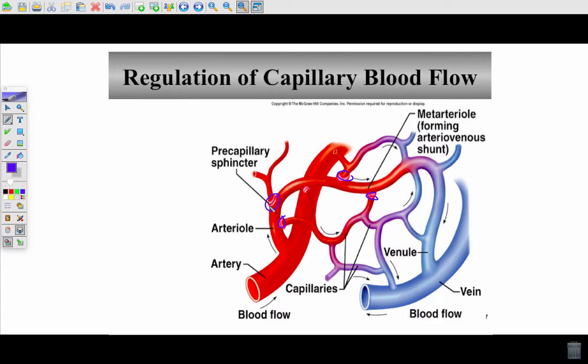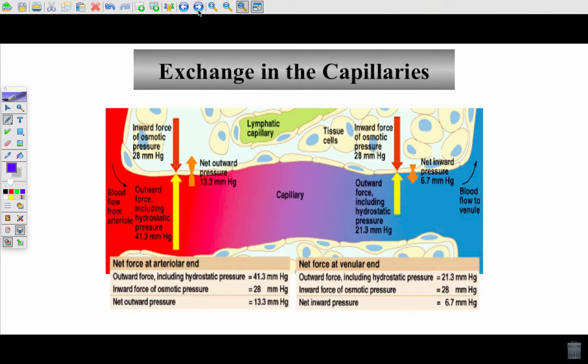So if the blood flow gets shut off here, the tissue may go low on oxygen, and when it gets low on oxygen, these precapillary sphincters will relax and allow more blood flow to flow through there. Or if it's low on nutrients, more blood flow can go through there.